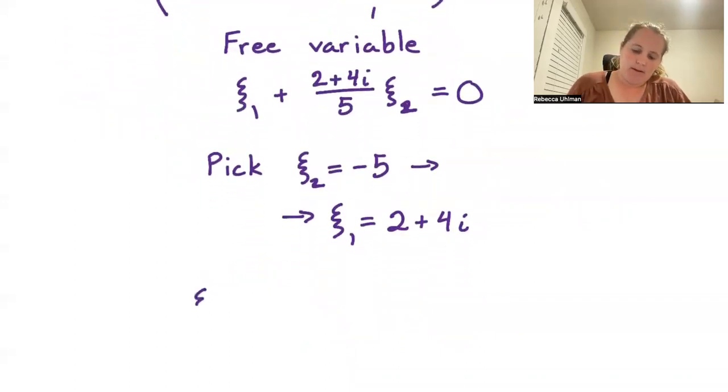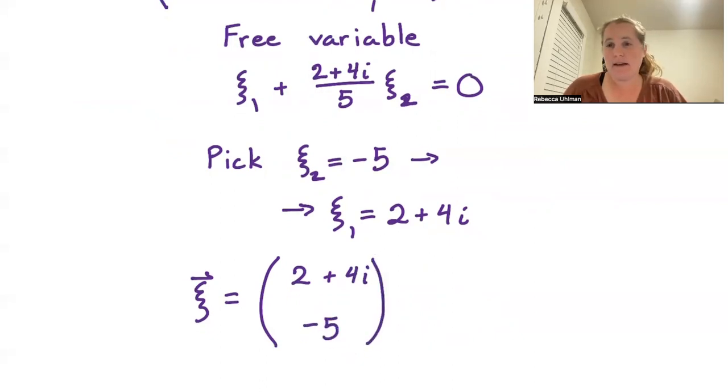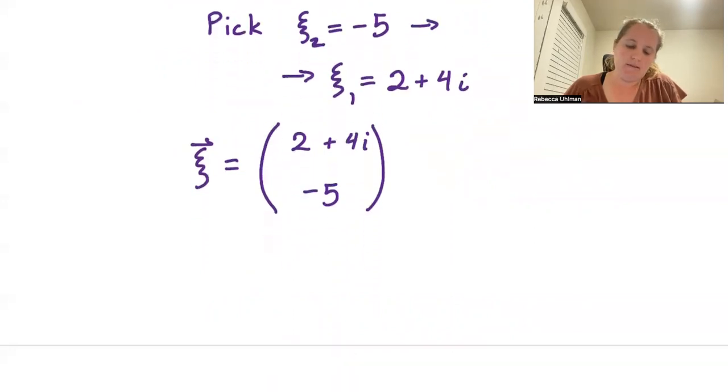So we have our vector psi equal to 2 plus 4i and then negative 5. Personally, I just leave it like this and then multiply this by our broken out form of e to the lambda t.